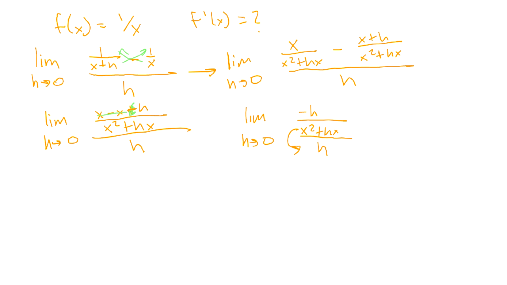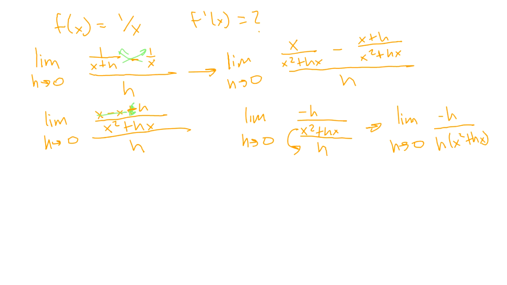Since essentially we're dividing negative h by both terms, we can combine them and do it all in one step. So that's going to get us to the limit as h approaches 0 of negative h over h times x squared plus hx.